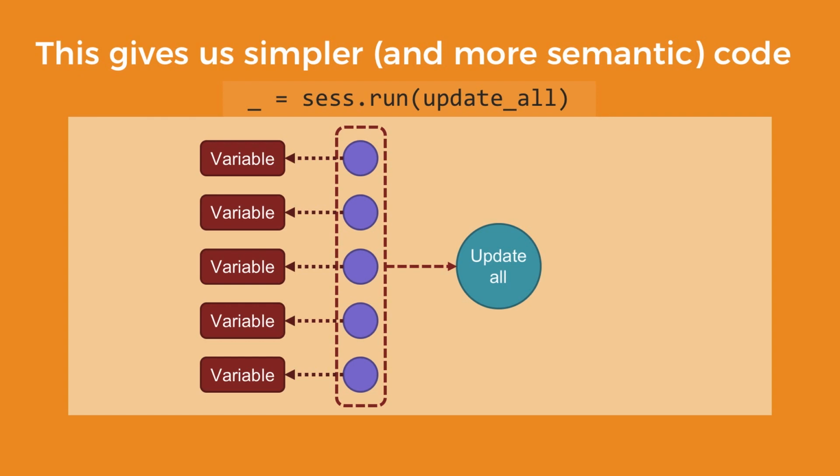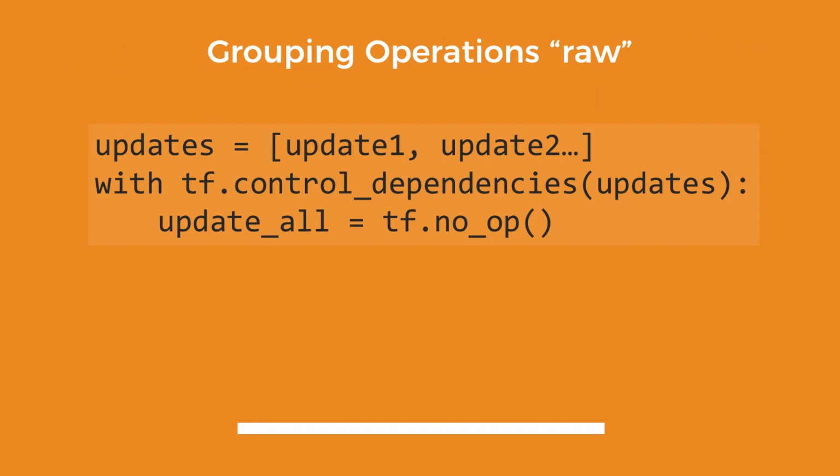If we do this, we get much simpler code where we basically have an update all op, and then we don't care what the output of it is. And we can change the number of update ops, and thus the number of dependencies, and we still have the same session.run call.